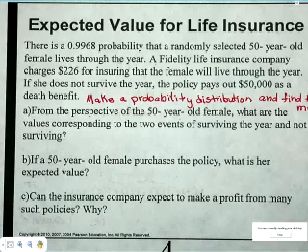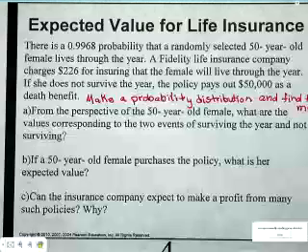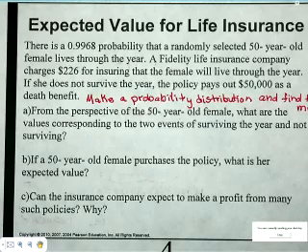A Fidelity Life Insurance Company charges $226 for insuring that the female will live throughout the year. Now, let me give you a spelling lesson here. This insuring is buying insurance. The other ensuring, with an E, would mean they're going to make sure she lives.